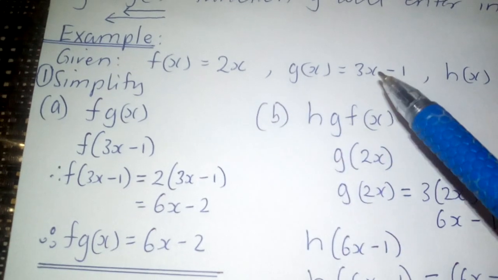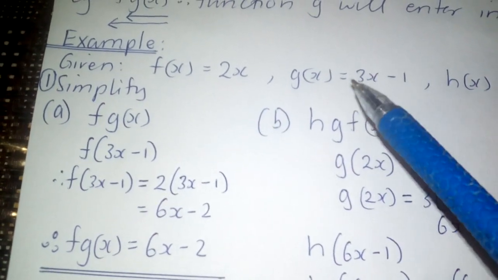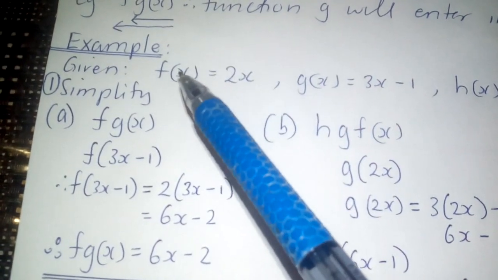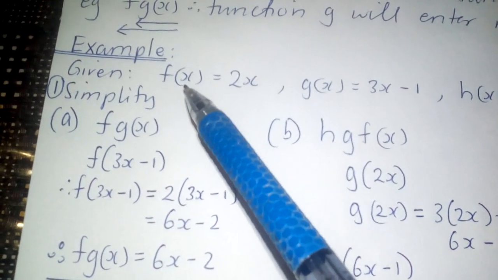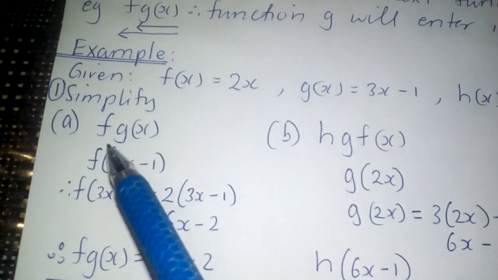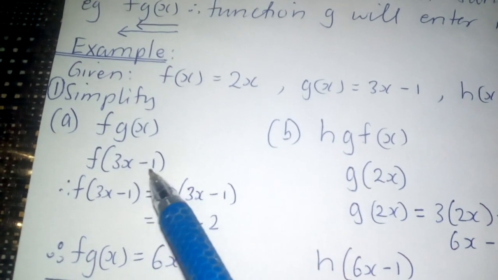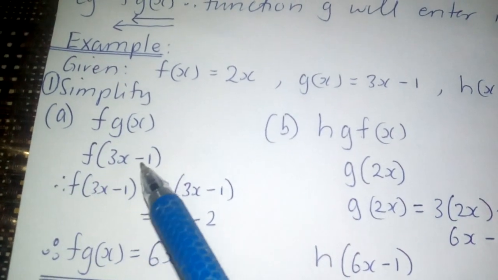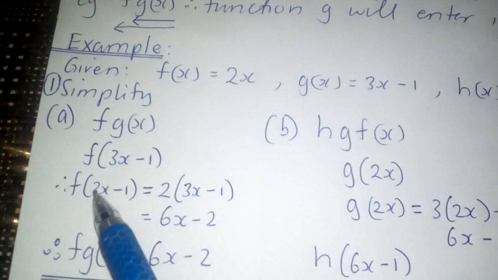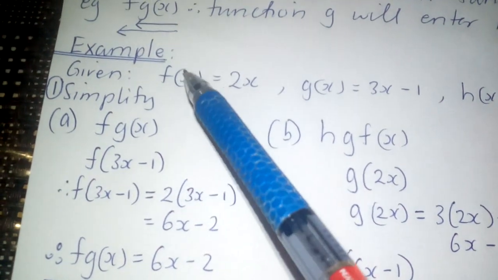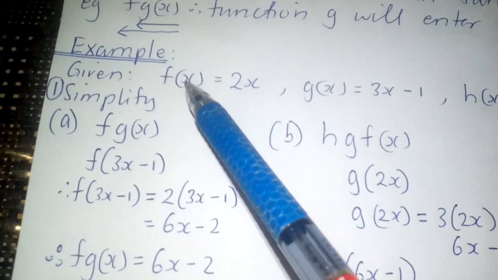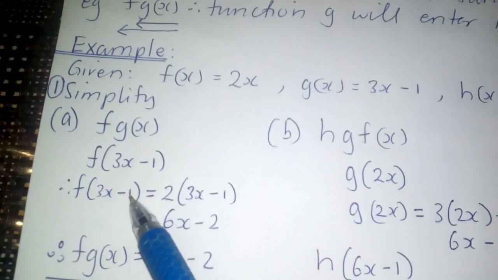So if g(x) enters into the x of f, I will get f of 3x minus 1. Therefore, on the place of x, I have to replace 3x minus 1.